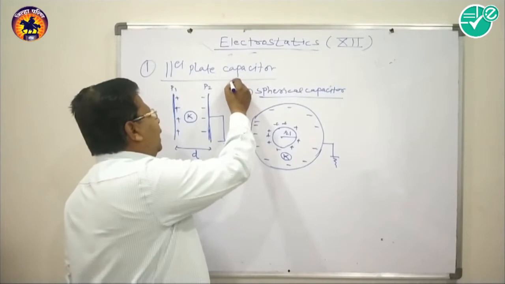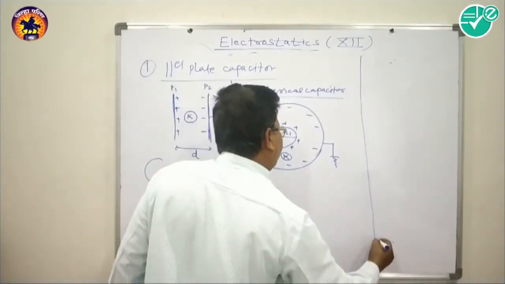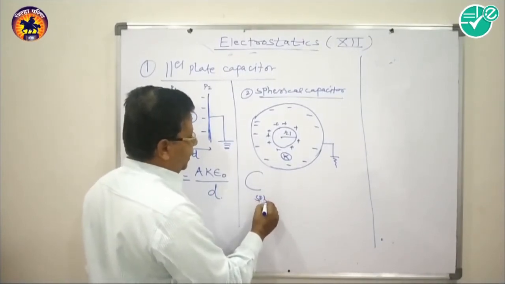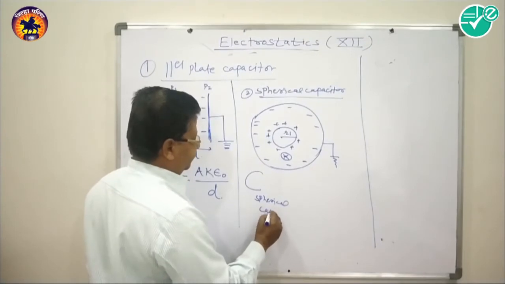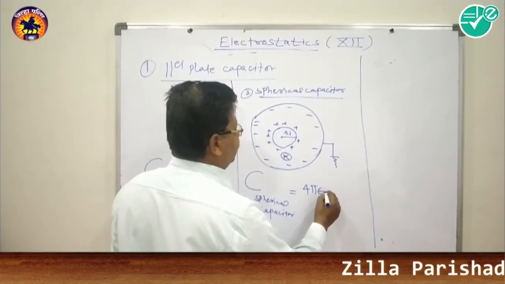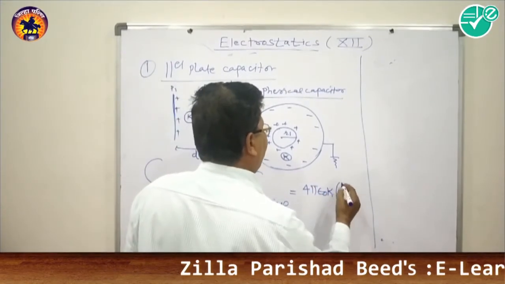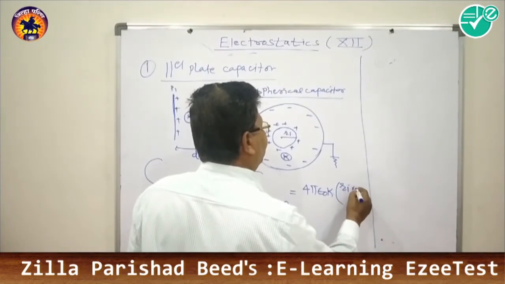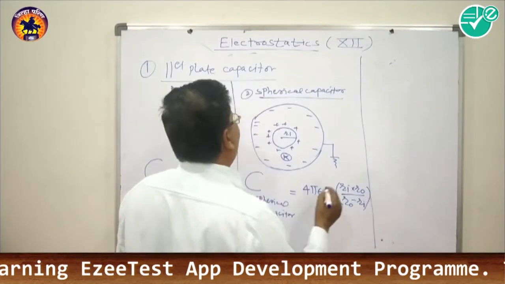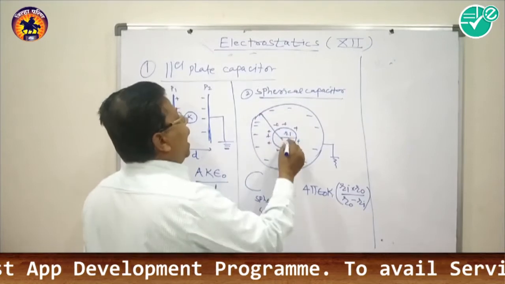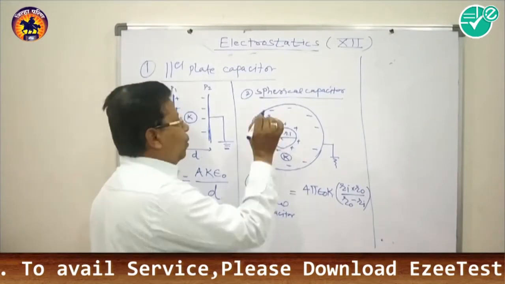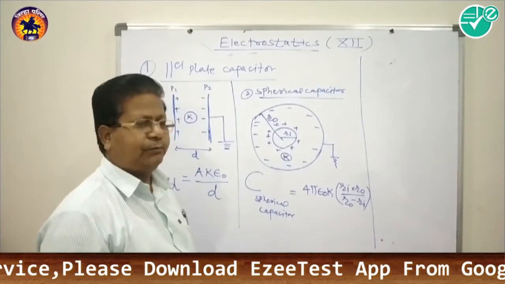In this case, the capacitance of the spherical capacitor is given by the formula 4 pi epsilon 0 K times Ri into Ro divided by Ro minus Ri, where Ri is the radius of the inner sphere and Ro is the radius of the outer sphere.